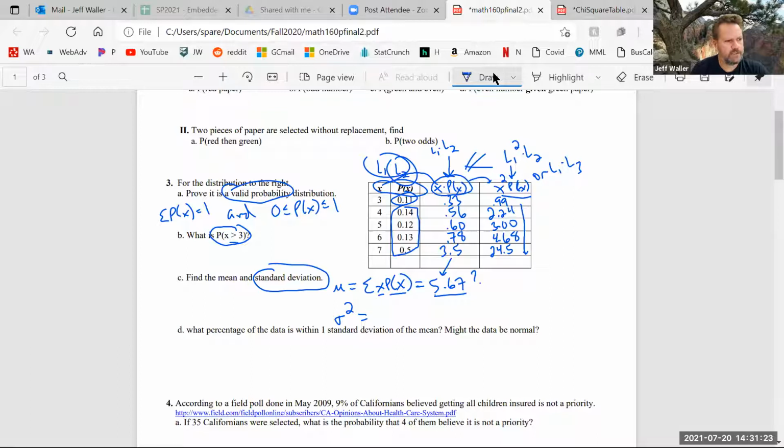What's the probability x equals 3? Isn't that 11%? Is that cool? The probability x equals 3 is 11%. Yes. Okay. So then what's the probability x is greater than 3? The rest. If 3 is 11%, greater than 3 is everything else.